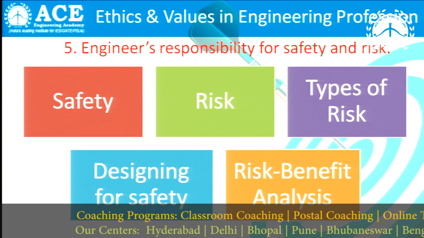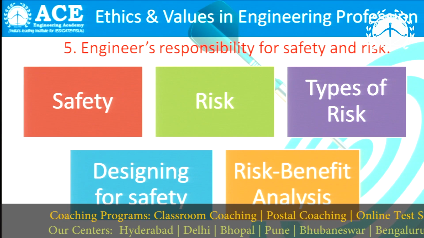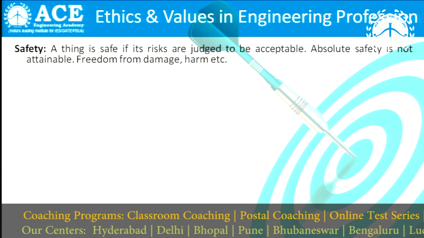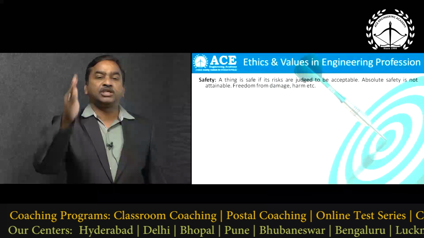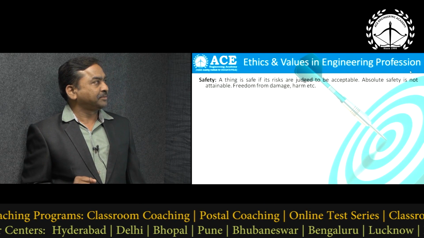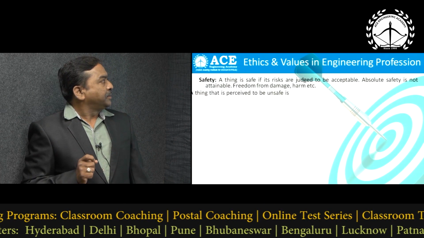One is defined with the help of the other. Absence of one is presence of the other. We see the definition: a thing is safe if its risks are judged to be acceptable. There is no absolute safety here. I hope you understand that.